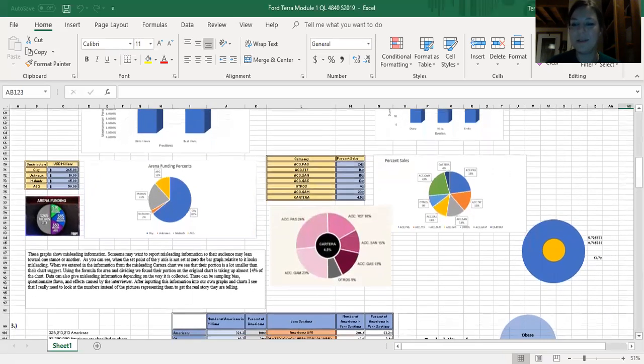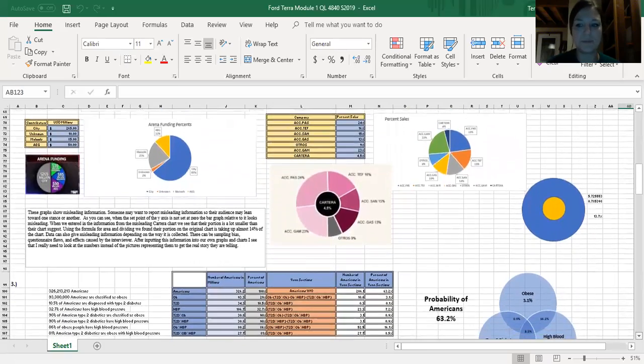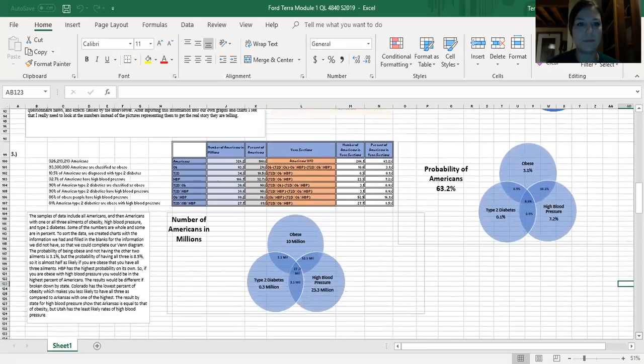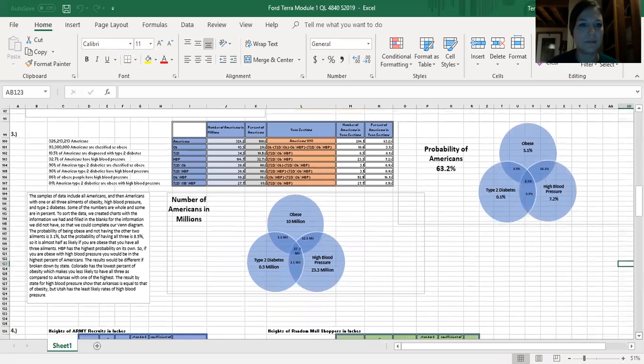Moving on to number 3. These samples right here of data include all Americans and then Americans with one or all 3 elements of obesity, high blood pressure, and type 2 diabetes.